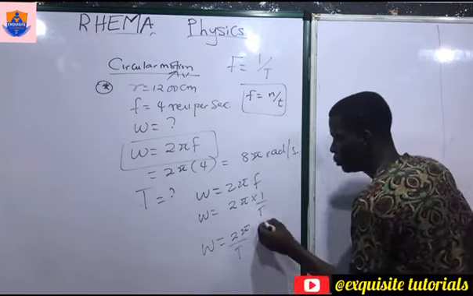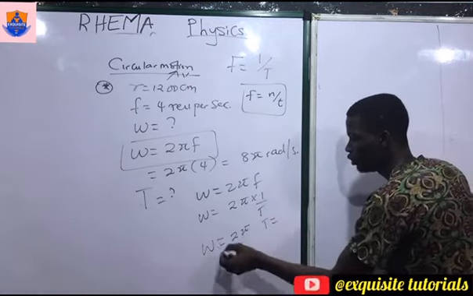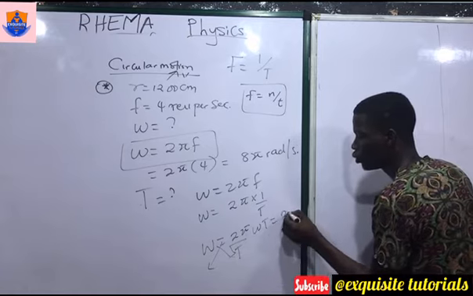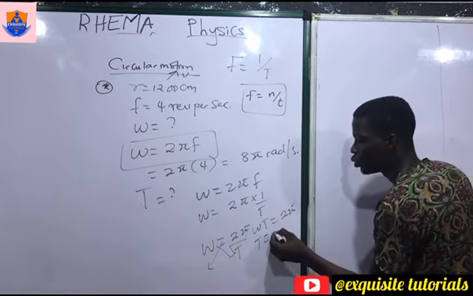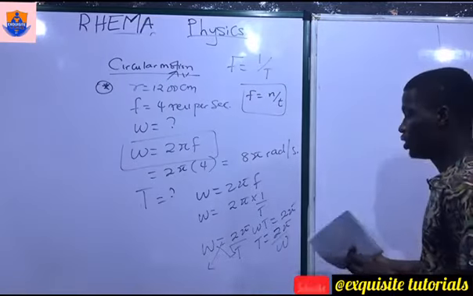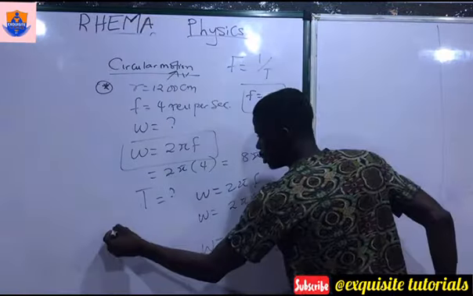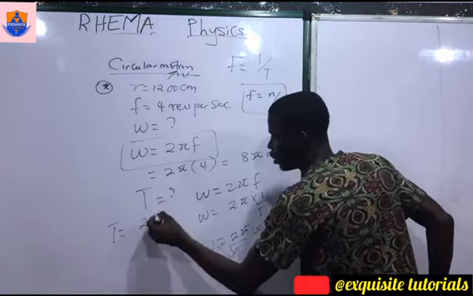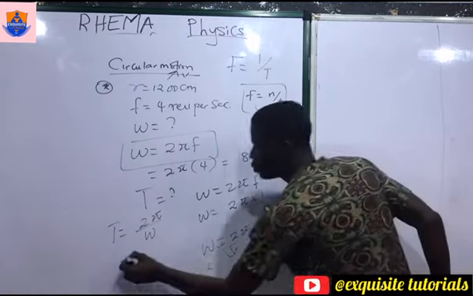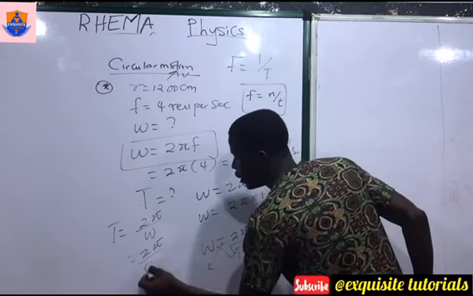So now, look for the period from here. If you cross multiply, you'll be having WT is equal to 2 pi. So my T is equal to 2 pi over W. Using this to solve, T is equal to 2 pi over W. We already have our W to be 8 pi. So it will be 2 pi divided by 8 pi.